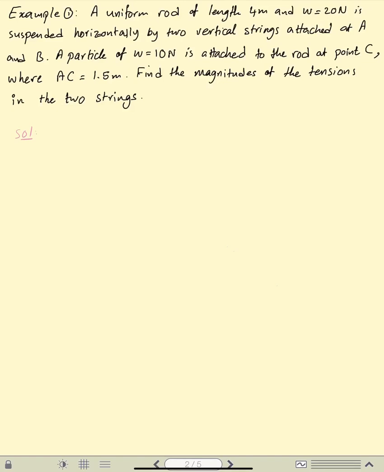So you draw the rod like this, a line, of length 4 meters and weight 20 newtons, suspended horizontally by 2 vertical strings attached at A and B. So this is A here and B here, and we have strings like this.